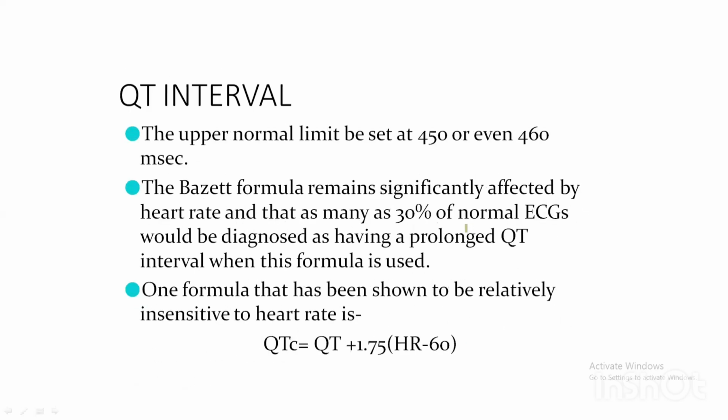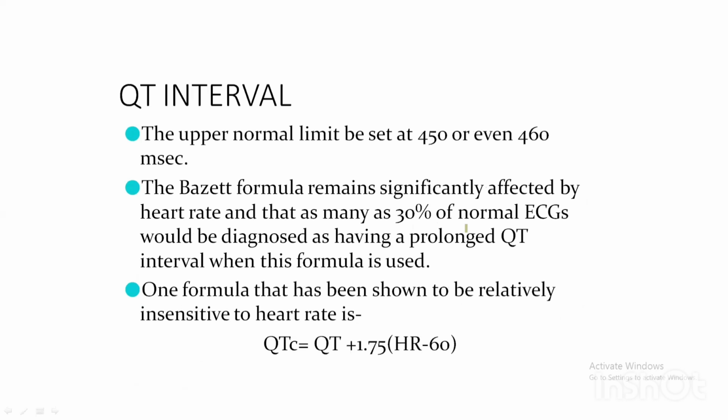For the QT interval, the upper normal limit is set at 450 milliseconds, even 460 milliseconds. The Bazett formula remains significantly affected by the heart rate, and as many as 30% of normal ECGs would be diagnosed as having a prolonged QT interval when this formula is not used.